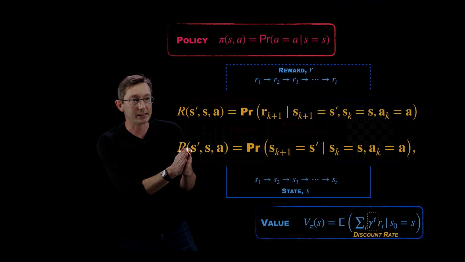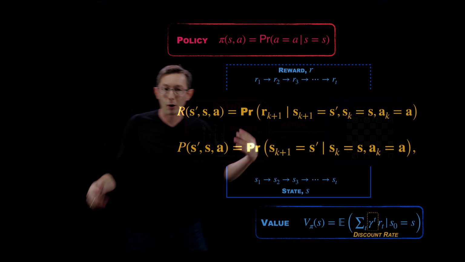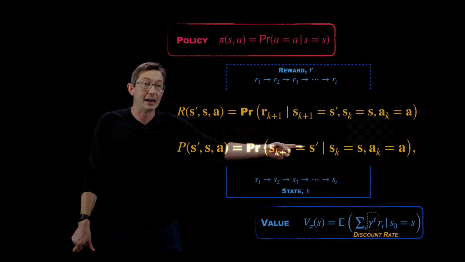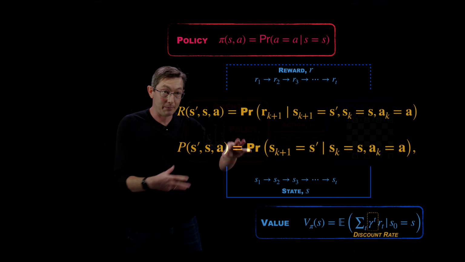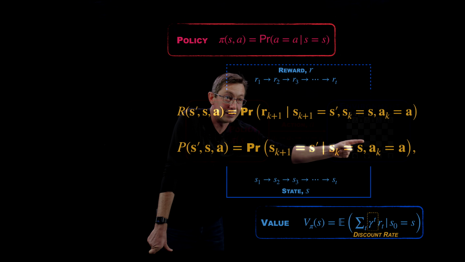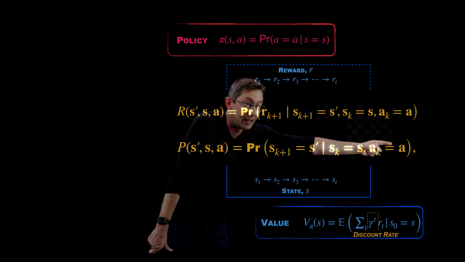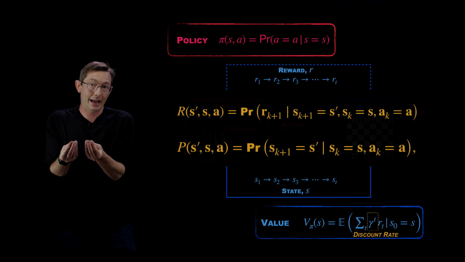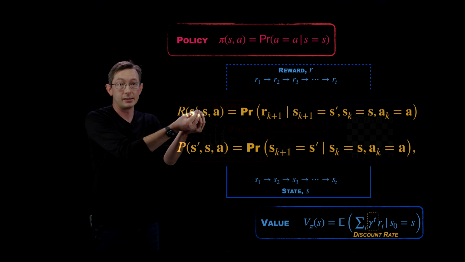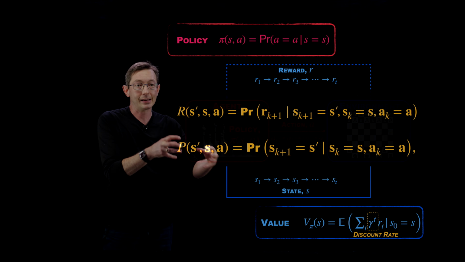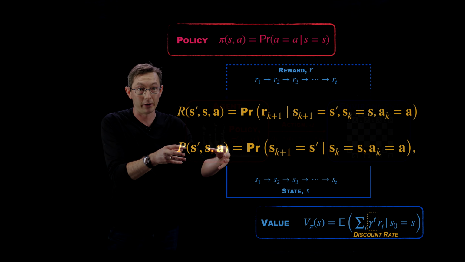That would be this probability here: the probability that the state of my system at the next time step will be S prime is conditioned on my state currently being S and my current action being A. So given a current state S and a current action A, there is some probability that my system will transition to a new state S prime, and that's encapsulated in this probability model P.